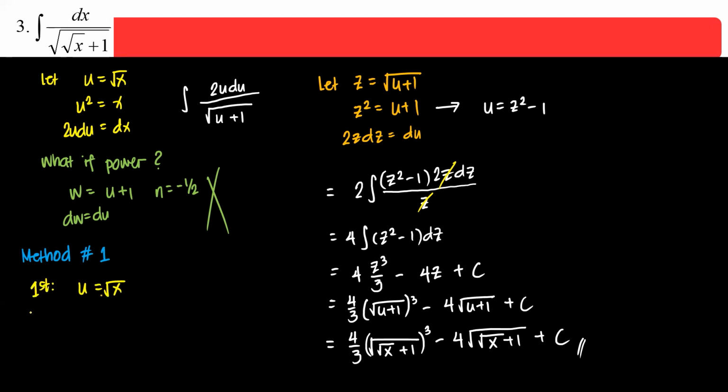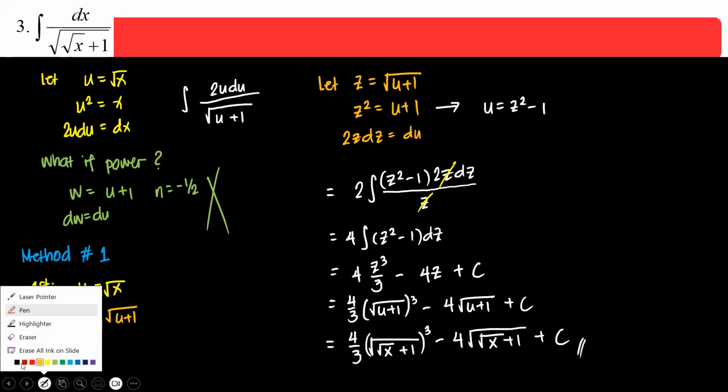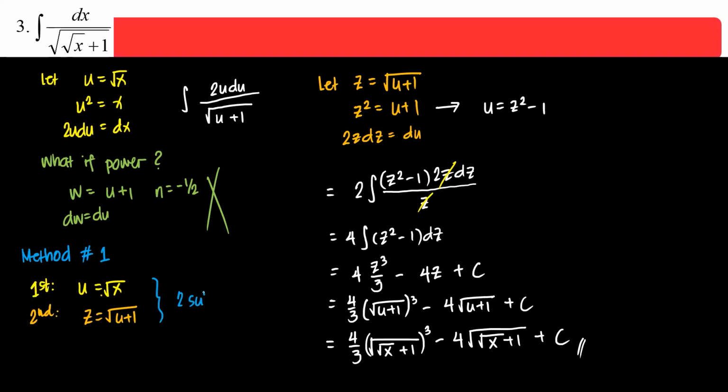The second that I applied is z is equal to square root of u plus 1 substitution. So that means in your first method, you actually did 2 substitutions. Is there a possible way in which we will not have to do 2 substitutions and just do 1? I'll show you another way.